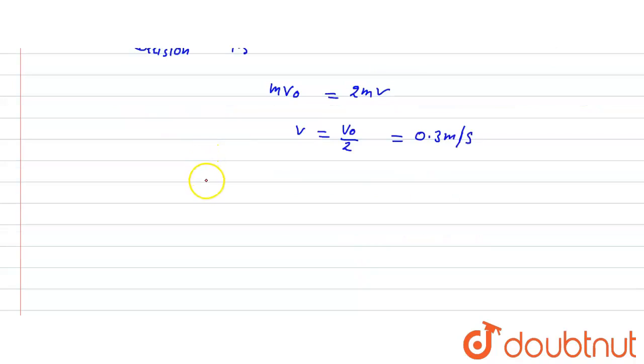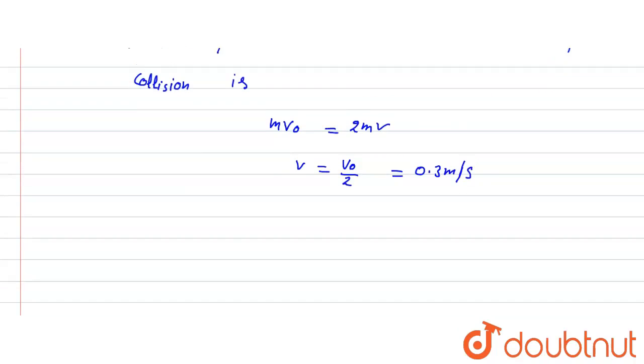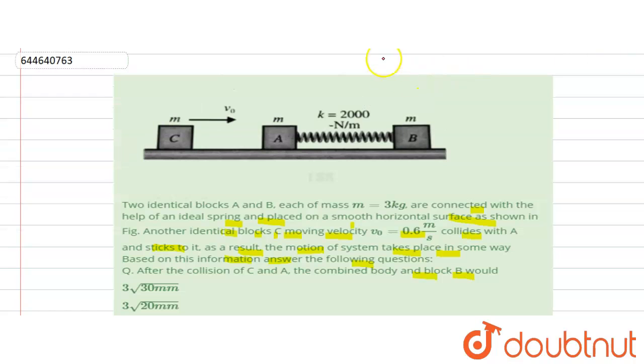Now the time period with which block B and the combined mass oscillate about the center of mass could be computed by using the reduced mass concept.